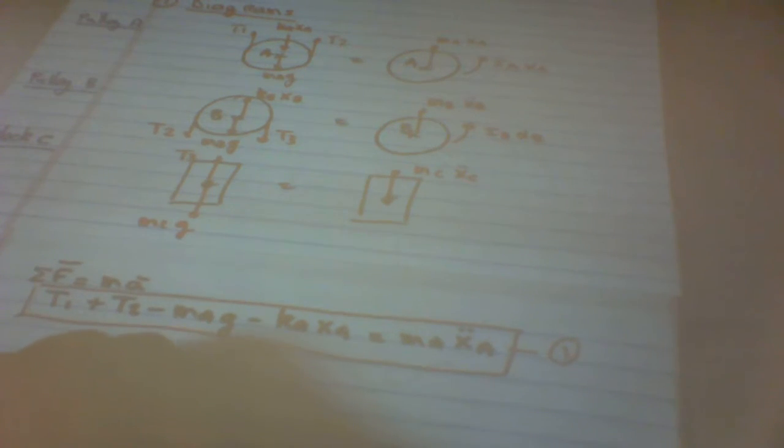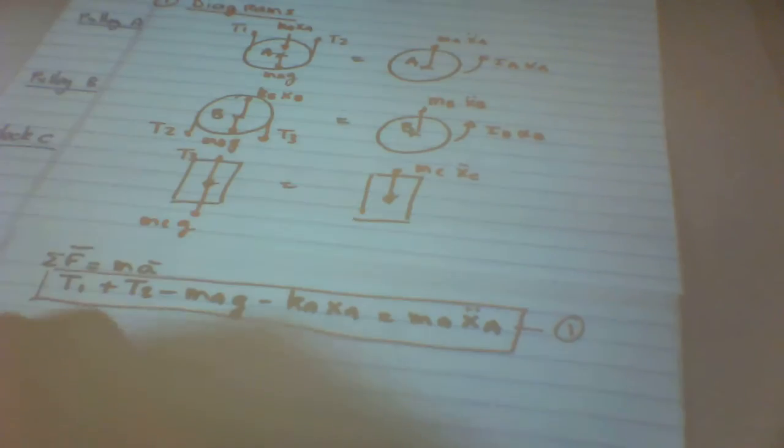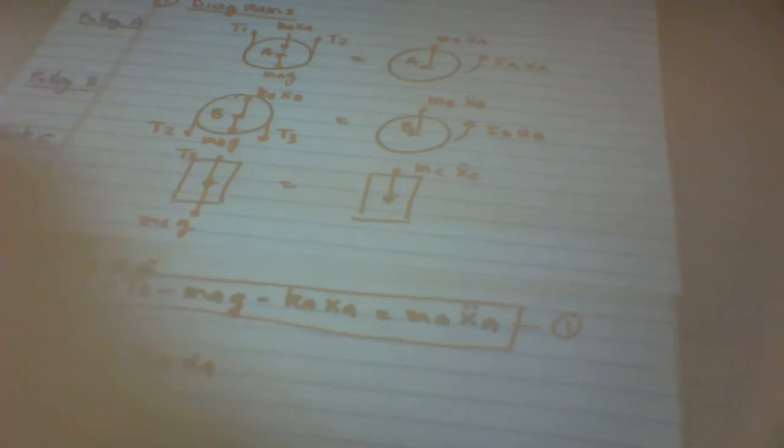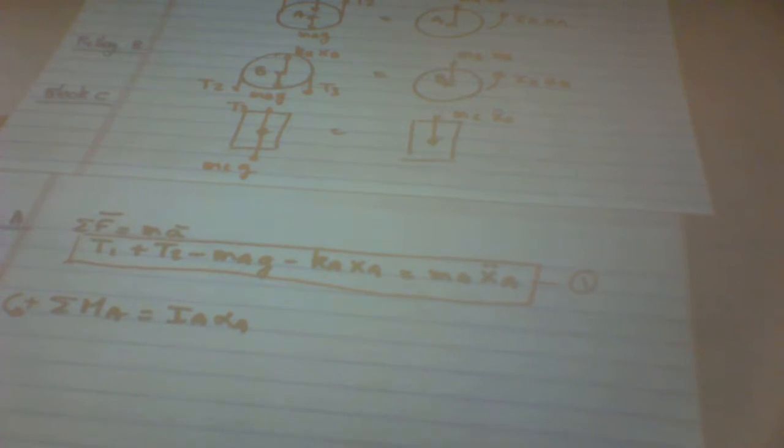Then we have the summation of moments about point A, which gives T2 minus T1 times R sub A equal I sub A alpha A. Equation 2.